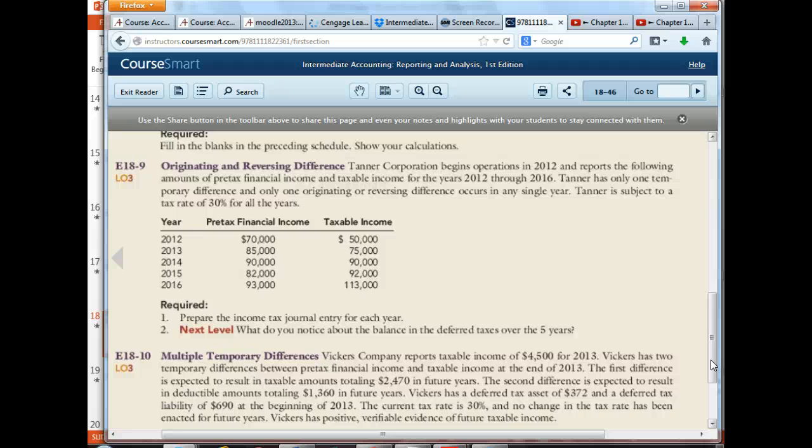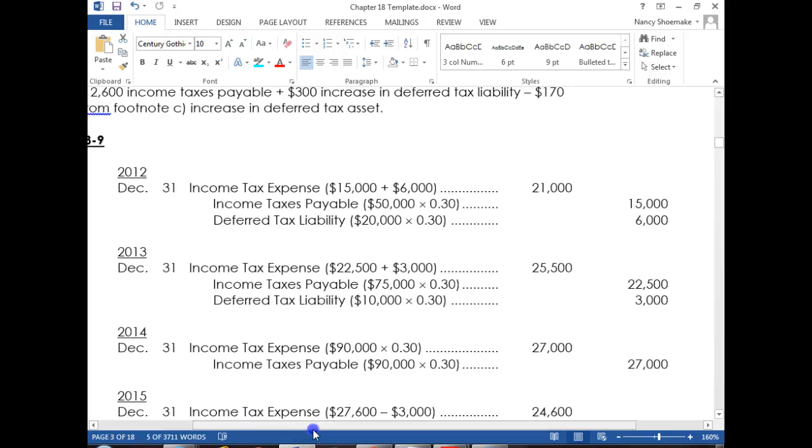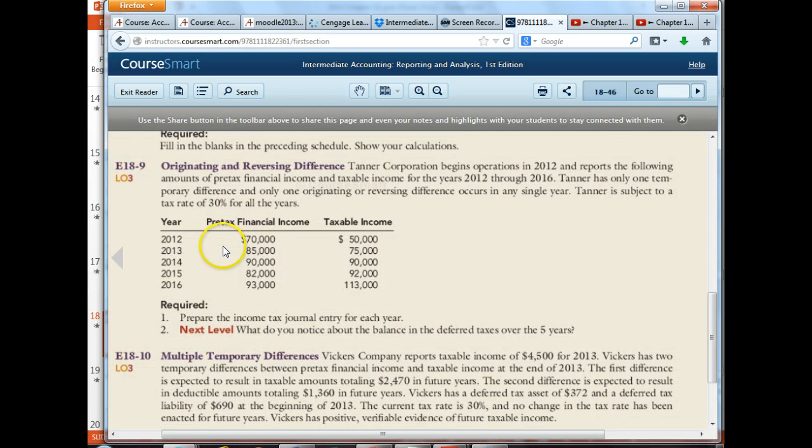Okay? What we need to do, all the rates are going to be 30% for all the years. We only have one temporary difference and one originating or reversing difference every year. So what we need to do is prepare the journal entries for each year. So let's look at the first one. The first one is financial income of 70, taxable income of 50. Is this going to be a deferred tax asset, or is this going to be a deferred tax liability?